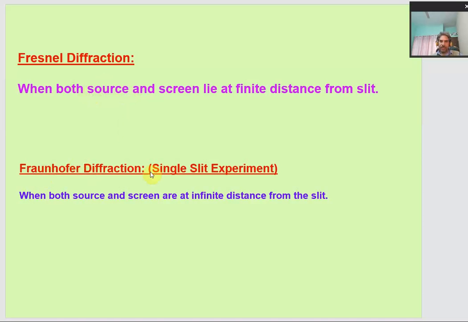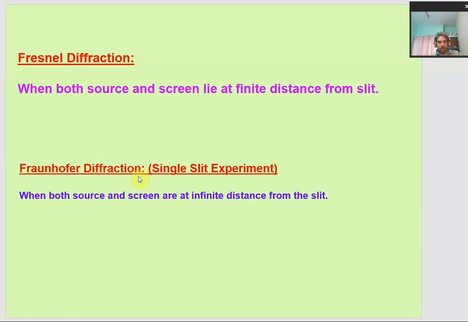It is also called the single slit experiment. In this case, both source and screen are placed at infinite distance from the slit in order to observe this kind of diffraction. Why? It is because we require plane wavefronts to study this kind of diffraction, right?